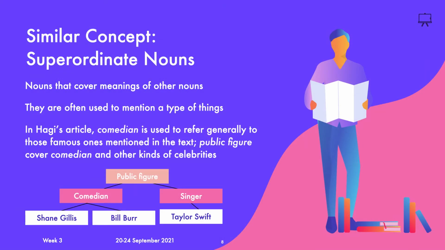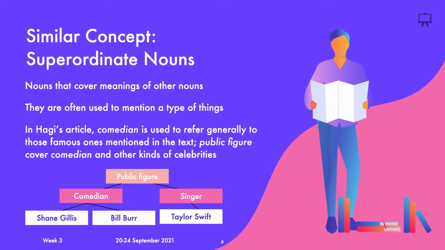Well, this slide aims to confuse you with another concept which is similar to shell nouns, which is called superordinate nouns. While shell nouns are those that you use for introducing some general ideas, you need to specify the content following the shell nouns.